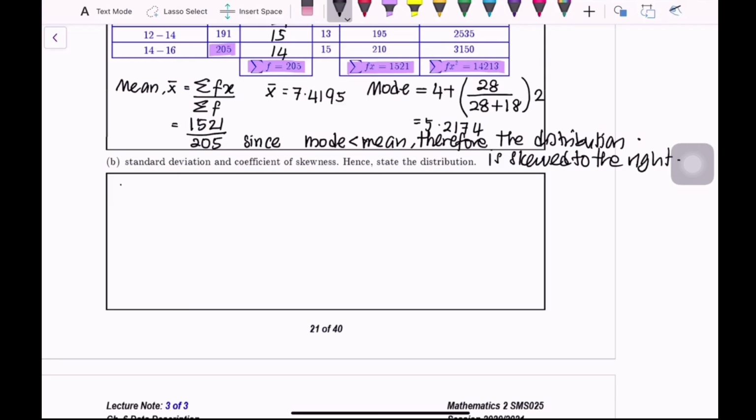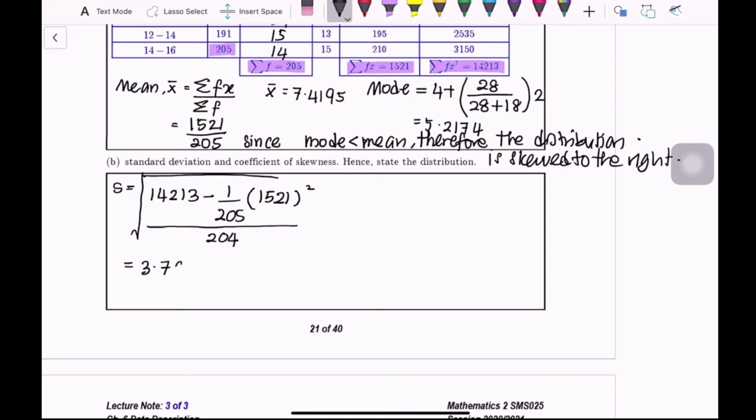Standard deviation S is equal to the square root of the sum of fx squared, which is 14213, minus 1 over n, which is 1 over 205, times the sum of fx, 1521, squared, over n minus 1, which is 204. So the standard deviation is 3.7885.